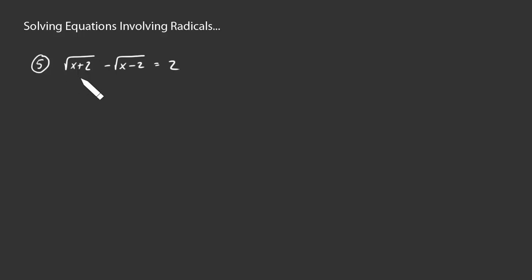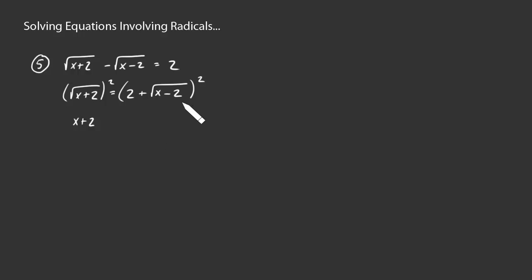If I wanted to get rid of the square root of x plus 2, what if I isolated it by moving that to the other side and then squared both sides? At least this radical would go away, right, upon squaring both sides.